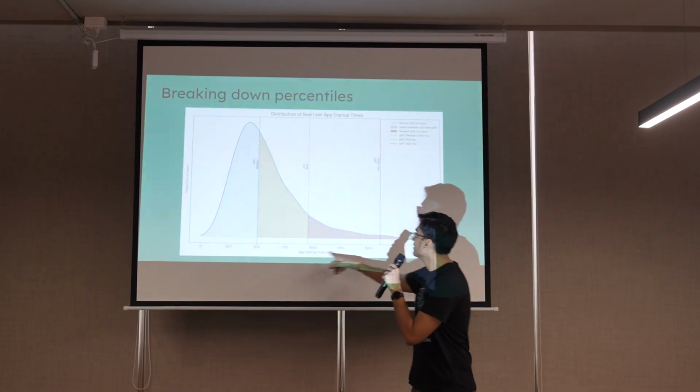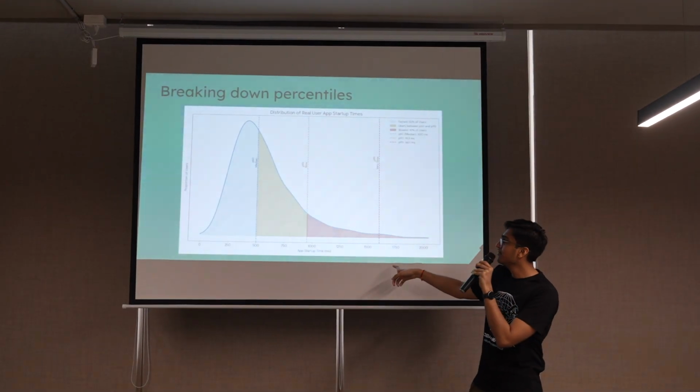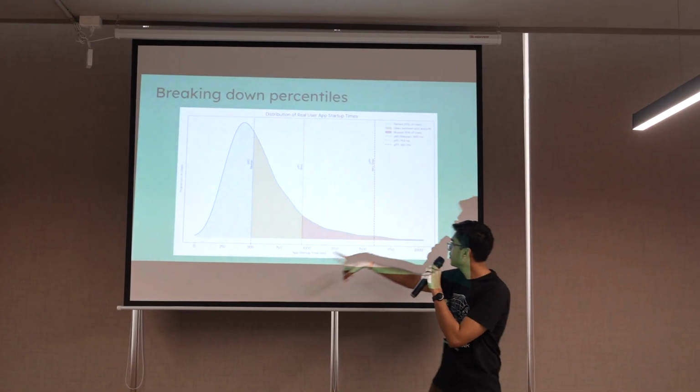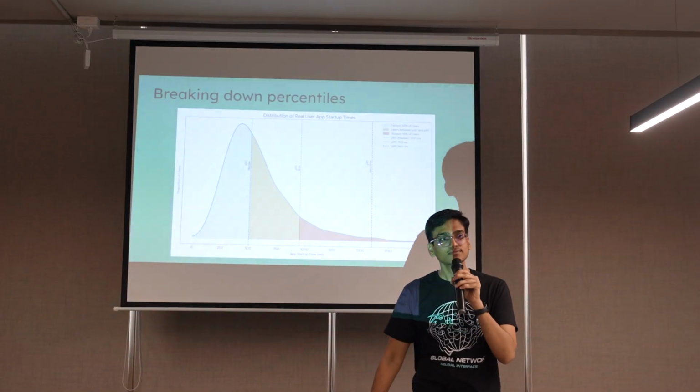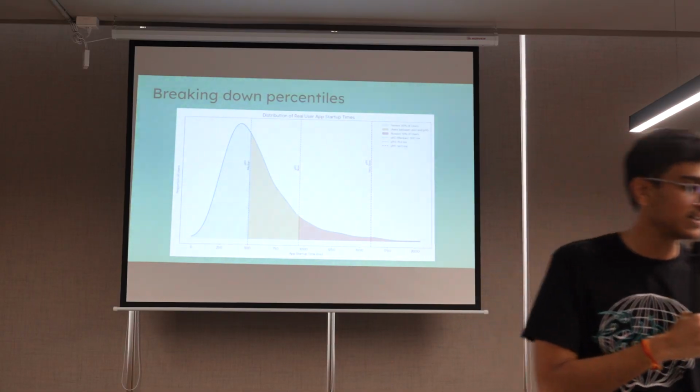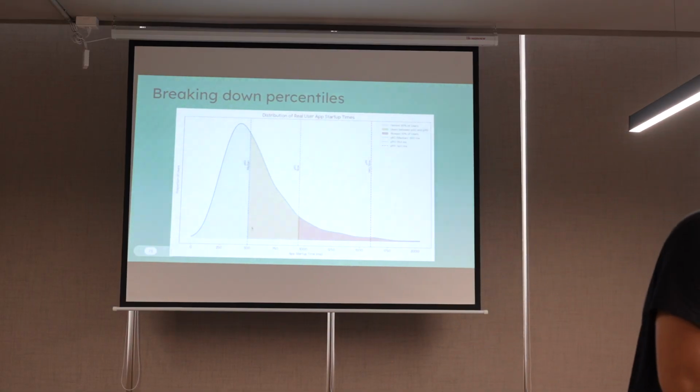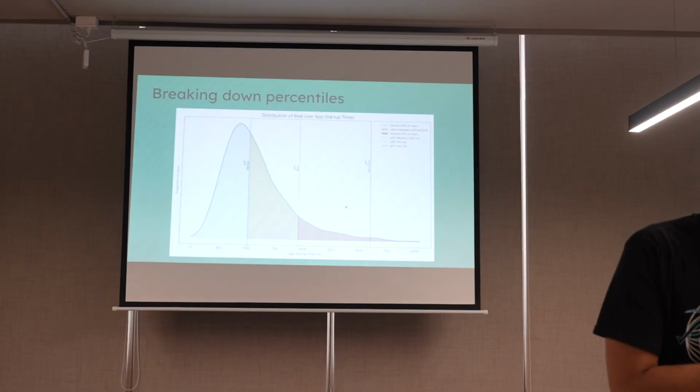Here, this axis is basically, let's say, app startup time, starting from 0 to, let's say, 2000 milliseconds, and these are the number of users. So for example, this blue means 50 percentile, this yellow means 90, and this red means 95 percentile.